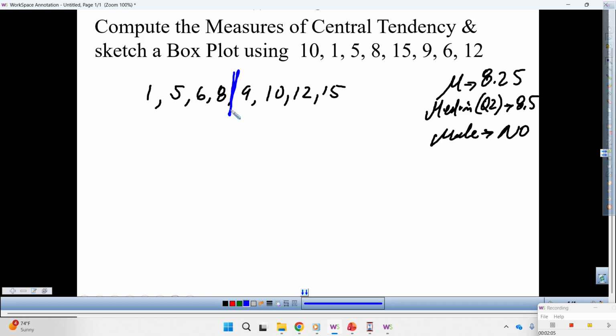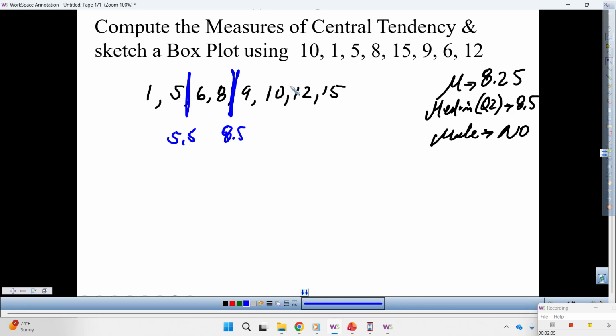Levi already gave us Q2, which we need for the box plot, and that is 8.5. Tell your neighbor what you got for Q1 and Q3. Ezra, Q1. That is correct, 5.5. Q3, Sebastian.